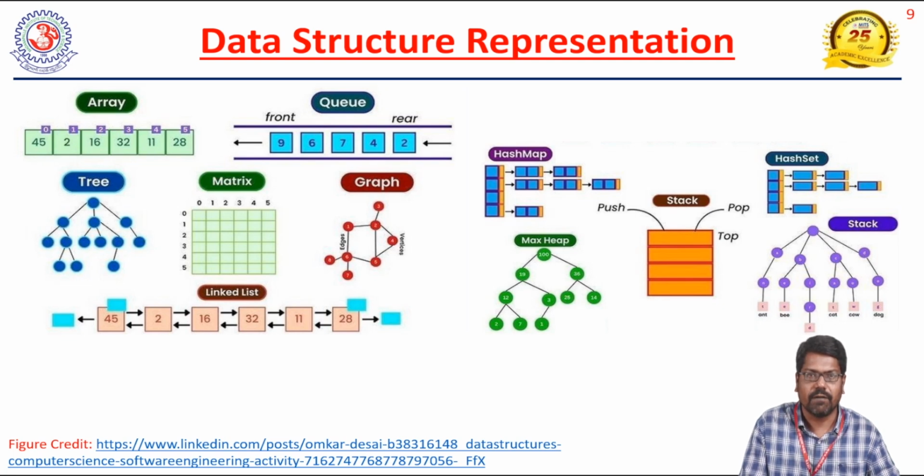Now coming to the graph. If you look to the right side of the matrix, the graph is there. A graph is nothing but a pair of vertices and edges.